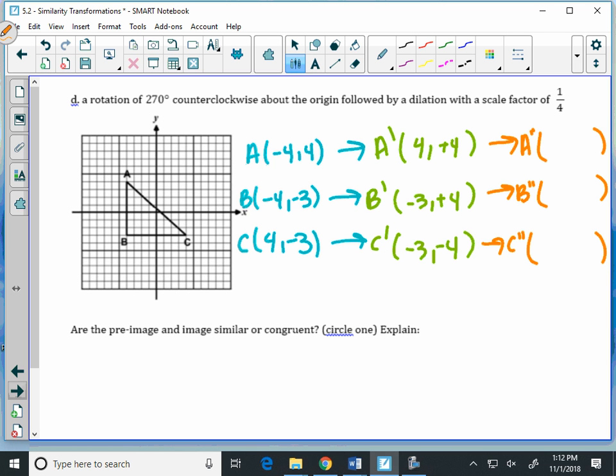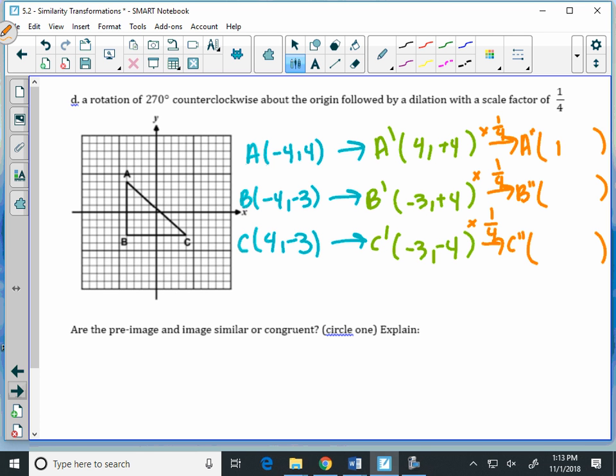and Brandon, whenever we do a dilation, what do we do with the scale factor and the points? Good. We multiply. So we're multiplying all these green points by our scale factor. And again, if you don't get a whole number, just write it as a decimal. So when we multiply, Trent, what do we get when we multiply A by 1/4?